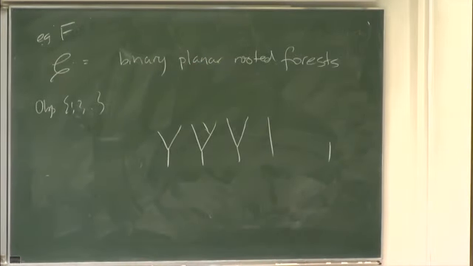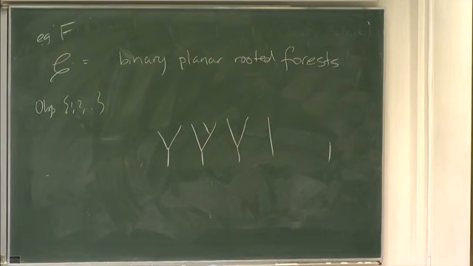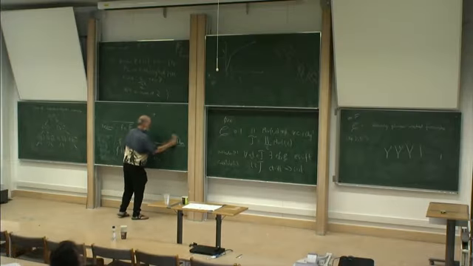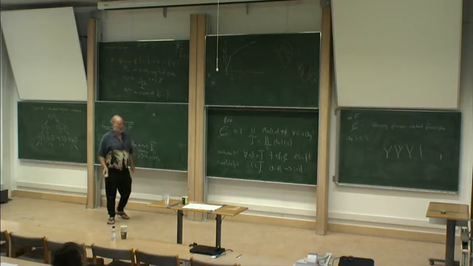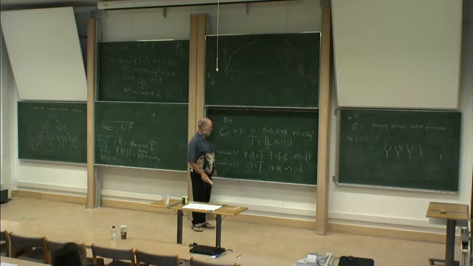I mean, you could think of simpler examples. You could think of the natural numbers as a category with one object, and either addition or multiplication as the category structure. Could you say stabilization again? Sorry. Did I get it wrong? I don't know. I didn't catch it. For the binary planar rooted forest.